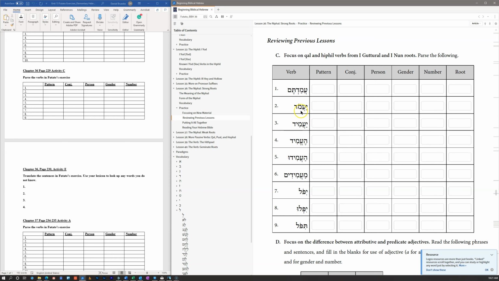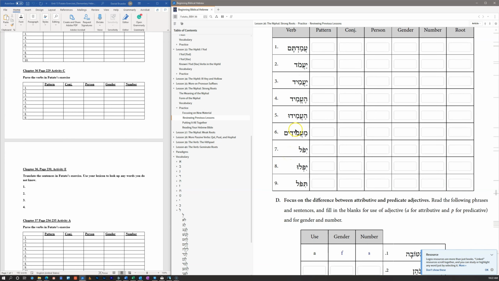Number 3 here, you see the difference. The only difference is the holem has shifted to a hirik yod. That confirms that this is actually a Niphal imperfect, Niphal imperfect 3ms form of amad. Number 4, he'emid.